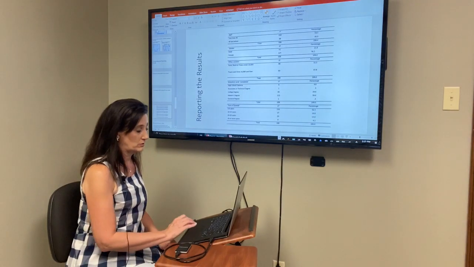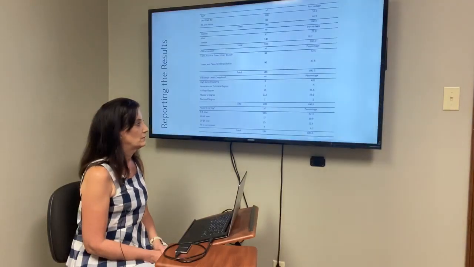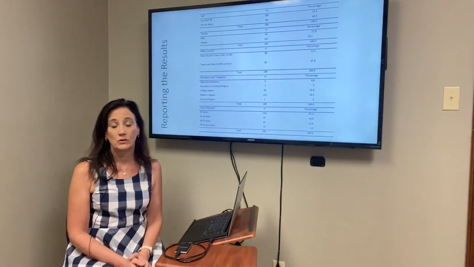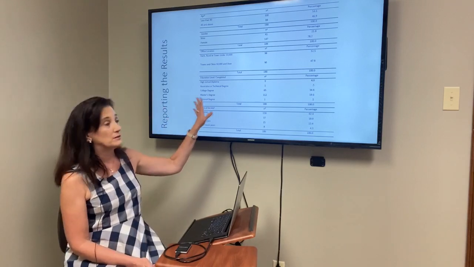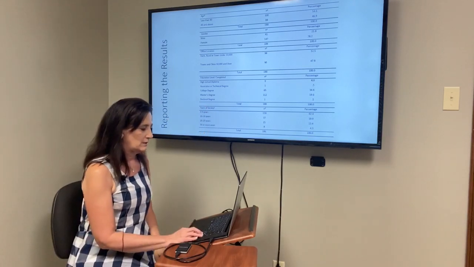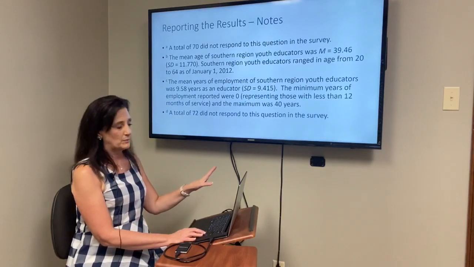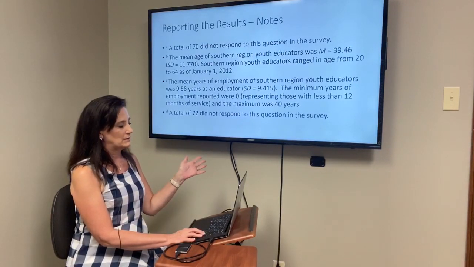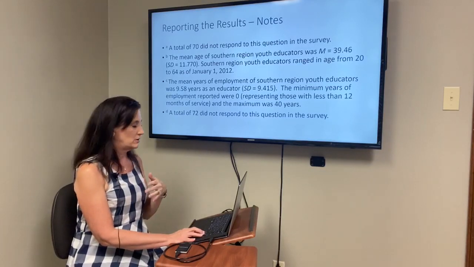So we got results. Well, now we want to report them, right? I usually report demographic results in a table, something that looks like this. And then I'll include notes at the bottom of the table that tell me something like how many people did not respond to the survey.